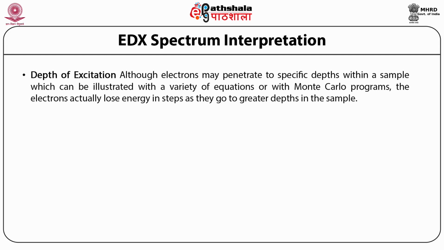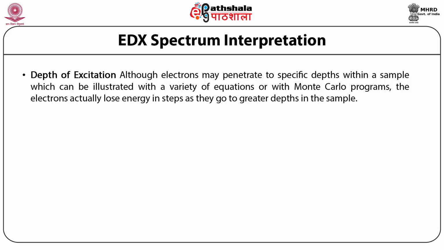The depth of excitation. Although electrons may penetrate to specific depths within a sample, which can be illustrated with a variety of equations or with Monte Carlo programs, the electrons actually lose energy in steps as they go to greater depth in the sample.